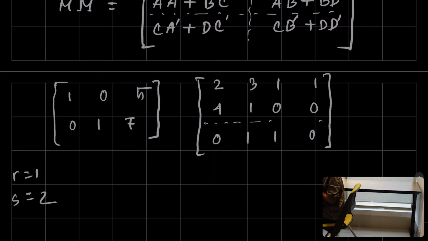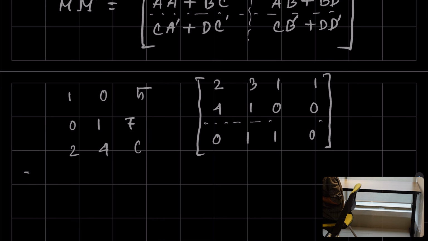I was saying that there are two rows in matrix one, but if we take three rows, that is adding another row. Okay, first matrix. Then I have to define, let's say this is 2, 4, and 6.